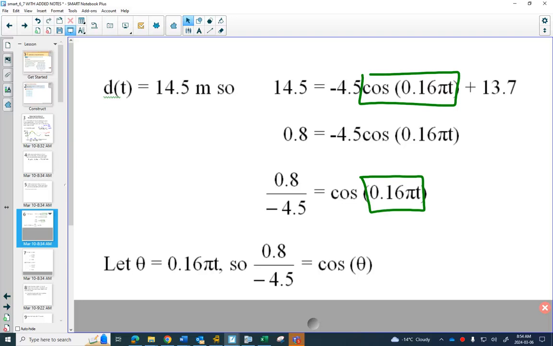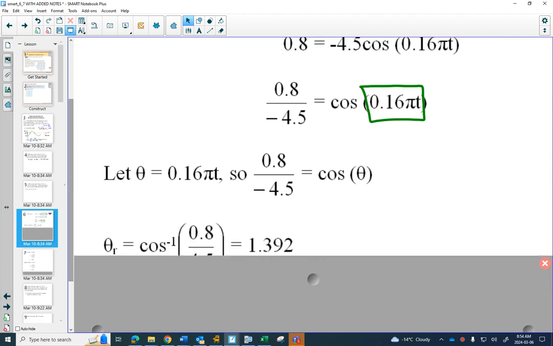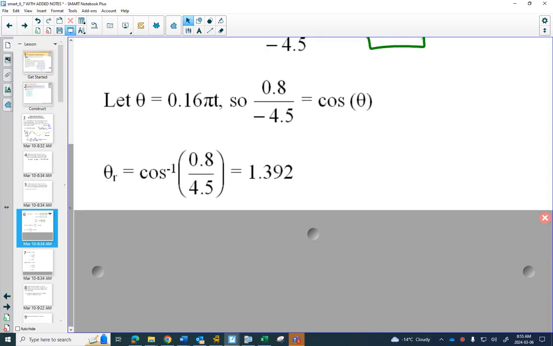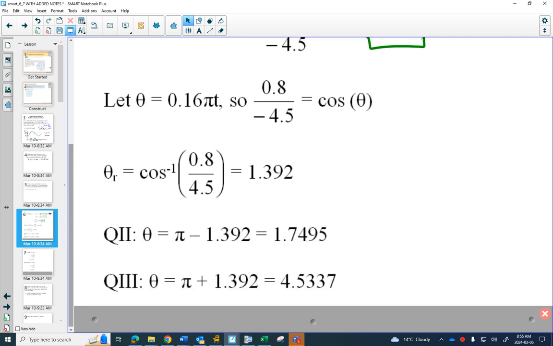Because then my equation looks nice. I feel comfortable solving this. Well, how do I solve that? Well, I can find my reference angle by doing cos inverse, right? And we always find a reference angle with the inverse of a positive value. So I get my reference angle, and then I can say, oh, cos is negative, so according to my CAST rule, I should look in quadrants 2 and 3. And so now I have an answer for theta.